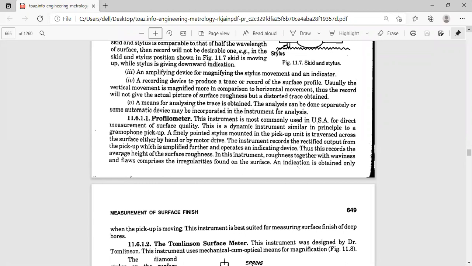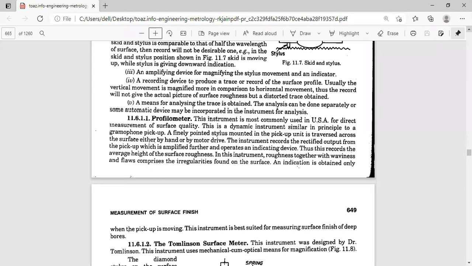So the analysis can be done separately by using some automatic device, because as the days go by, automation devices are coming into the market. So you can incorporate an automatic device in your direct measuring instruments.